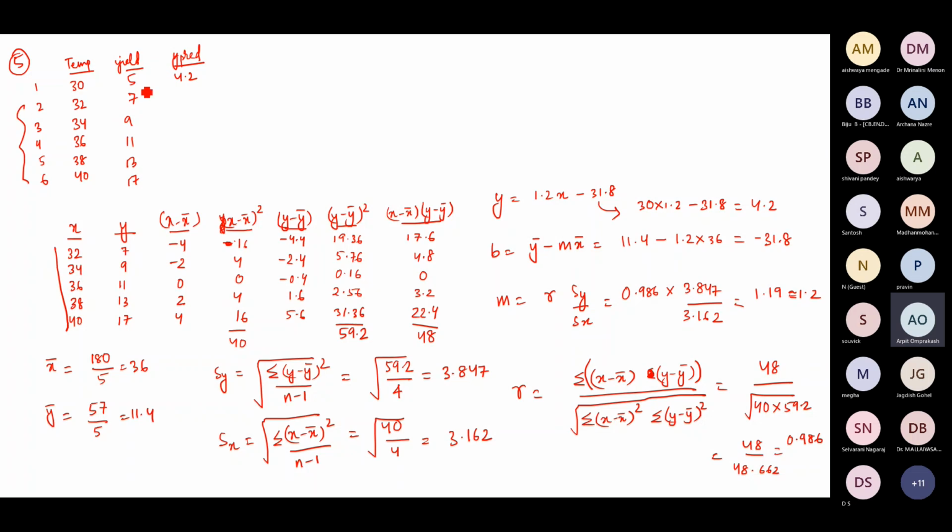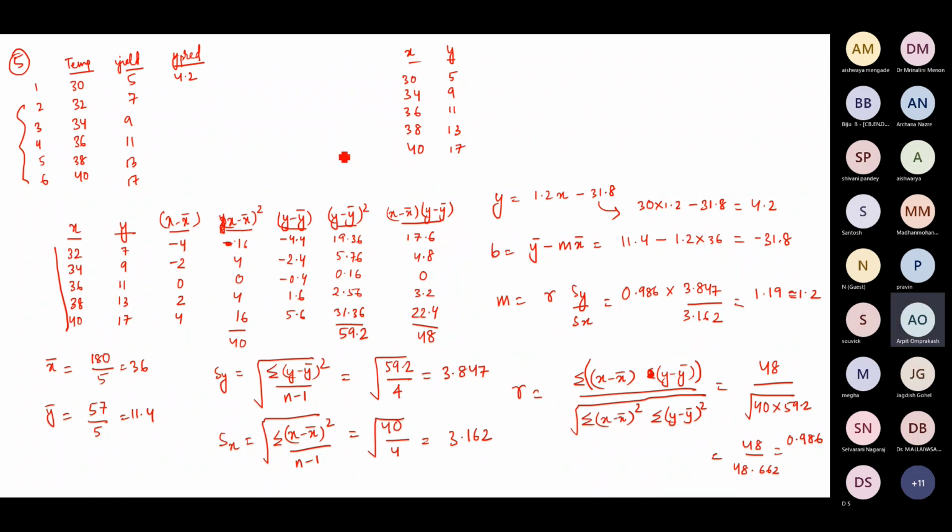Now for the second value, you will ignore this value. So instead of 32 here, you will make another table. X is 30, 34, 36, 38, 40, and y is 5, 9, 11, 13, 17.